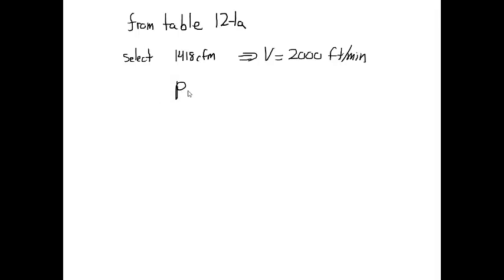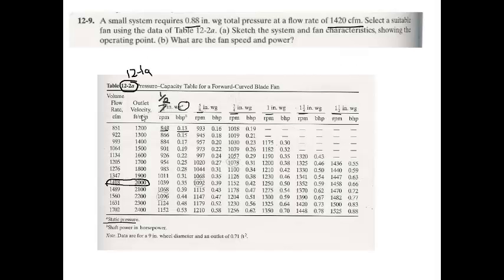So first thing I'm going to do is find my corresponding velocity pressure. What this will help me do is define what my static pressure is. If I have a total pressure of 0.88 inches of water, how do I know which static pressure column to pick? Well, that depends on the flow rate and the fluid velocity.